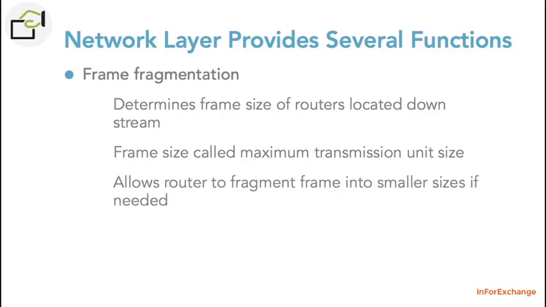Also, if the frame does need to be fragmented into smaller frames based on the maximum transmission unit, then the network layer is also responsible for reassembling the frames into the full frame size at the destination.